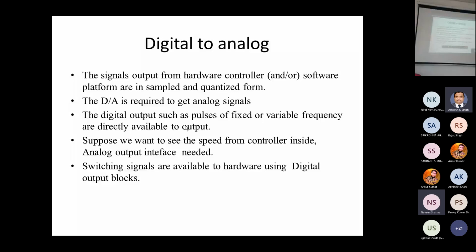Sometimes when speed variation is there, according to the speed some pulses are to be given. This uses the analog to digital. However, if we have the digital input inside the controller and we need the analog output, then we will use the digital to analog converter.